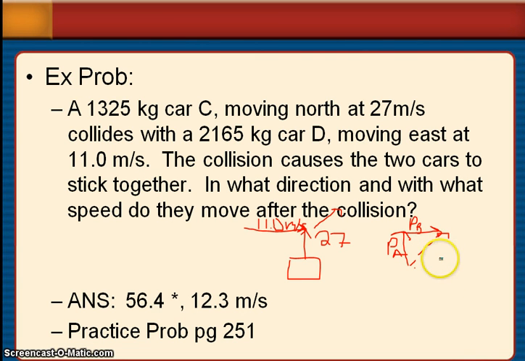And then I can go ahead and solve it with Pythagorean theorem to find this and use tangent to find this. So plug in your numbers, find the x direction and the y direction, plug them in to use Pythagorean theorem, and find tangent.